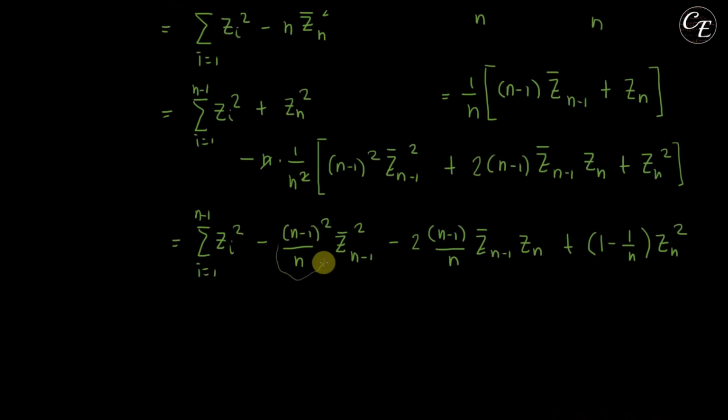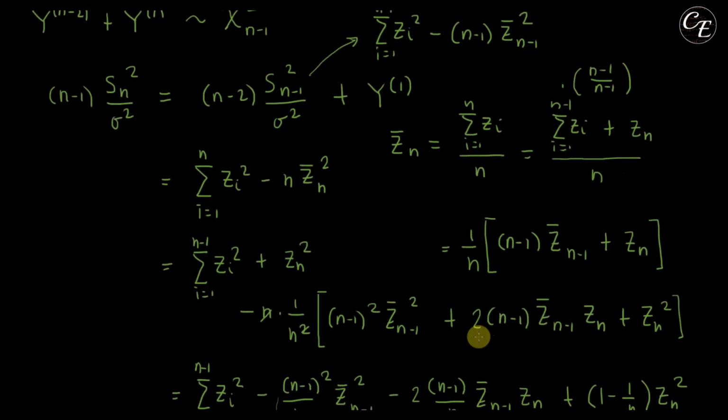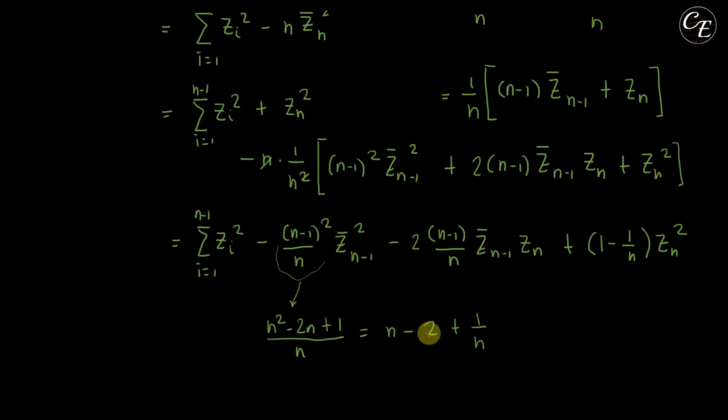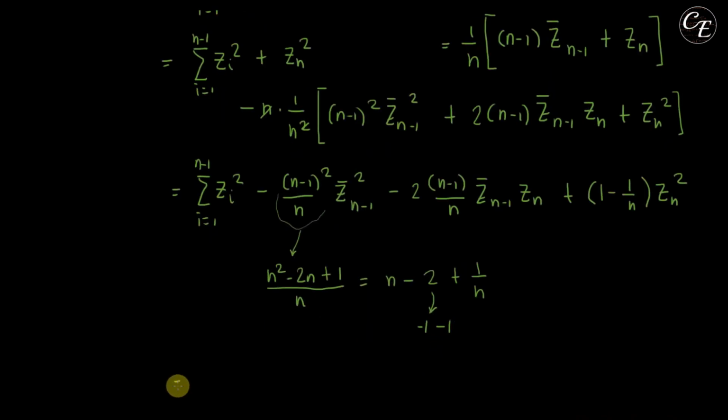So this term here will be n squared minus 2n plus 1, and then over n, equal to n squared over n is n, then minus 2n over n is 2, and then plus 1 over n. And then we're looking for n minus 1, so we can cut this into pieces, negative 1 minus 1.